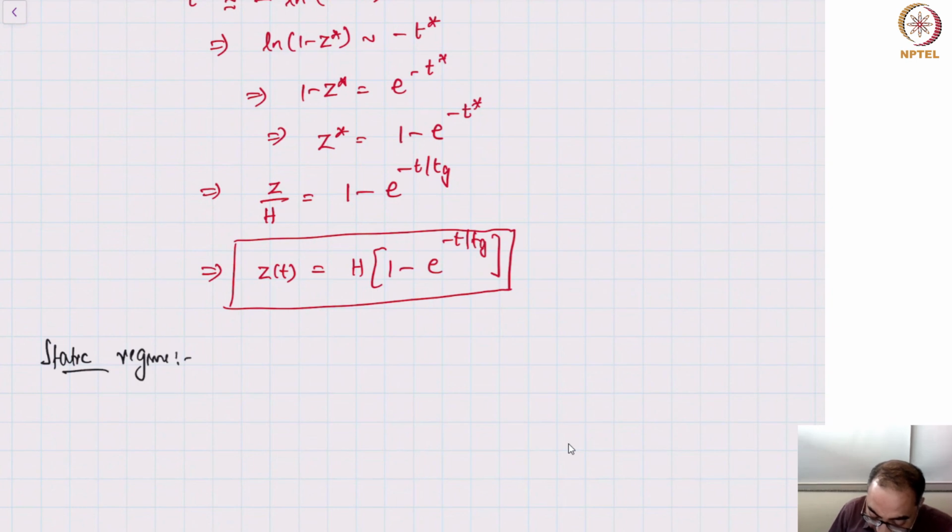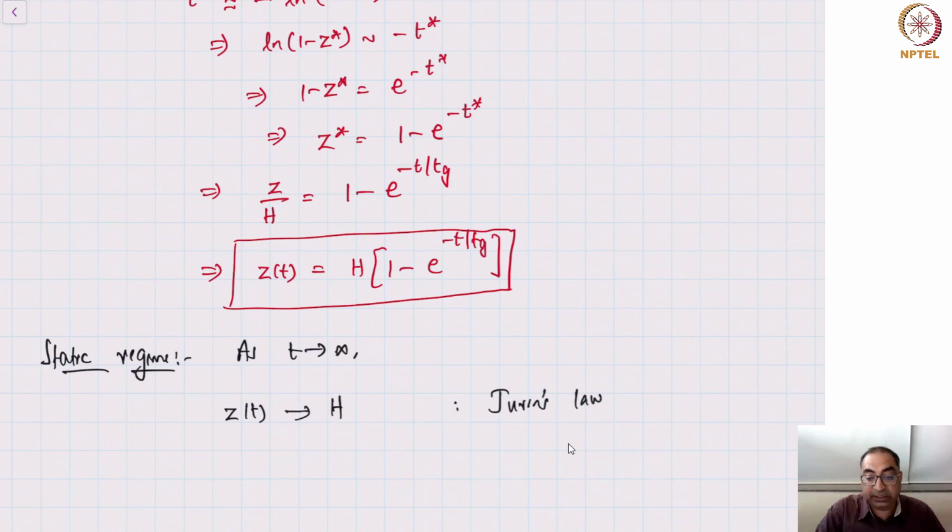It's not a regime per se; it's the final height. As t goes to infinity, clearly you can see z of t approaches h. So this is the final height, and we know that this is the Jurin's law. It reaches the final height, which is given by the Jurin's law.